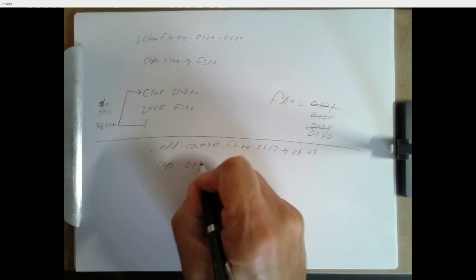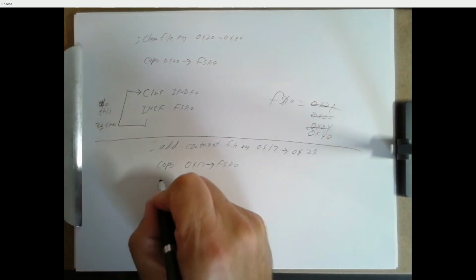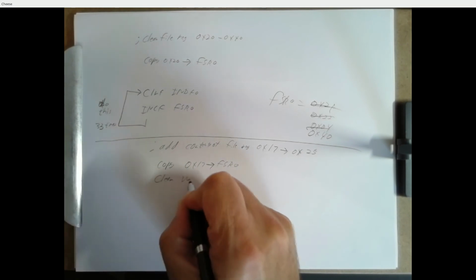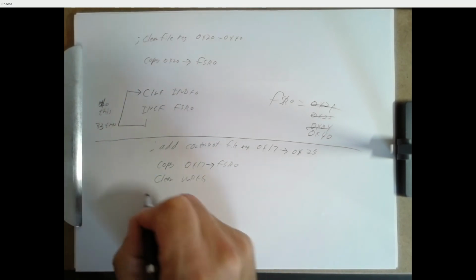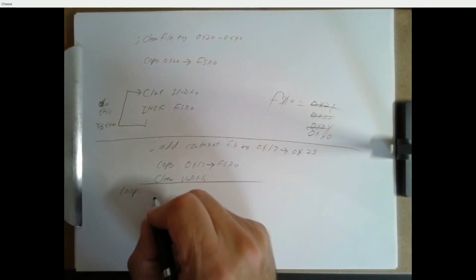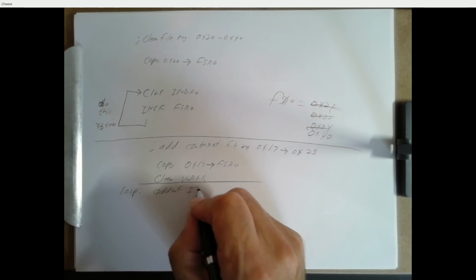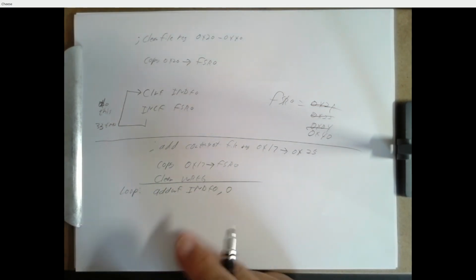Copy 17 into FSR0, clear out wreg, and then we're going to do a loop. And our loop will say the following. It'll say add W register to file register INDF0 and put the result back in W.